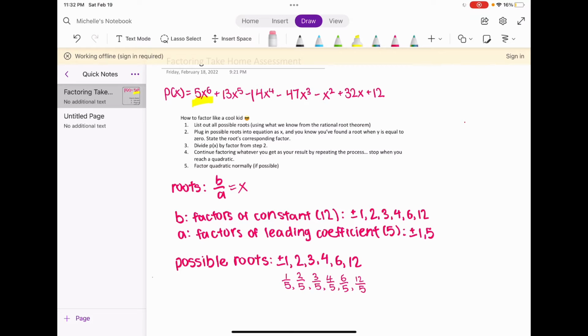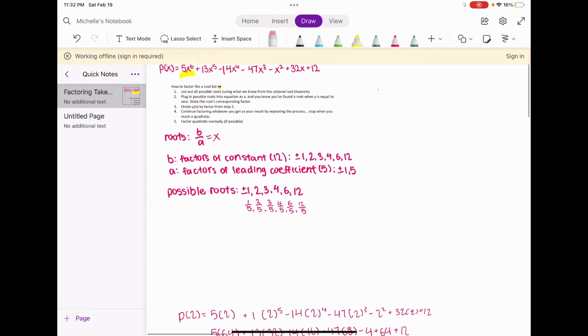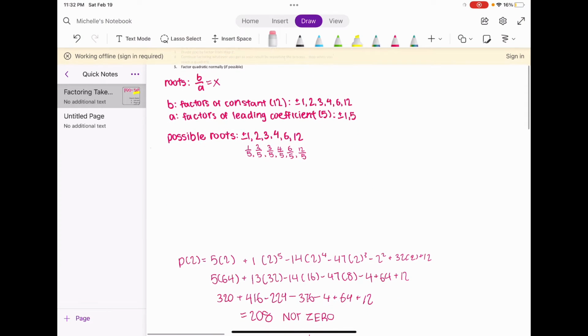Okay, moving on to step number 2. Plug in possible roots into the equation as x, and you know you've found the root when y is equal to 0. State the root's corresponding factor. So I'm going to plug in 2 for x because I like the number 2. When I plug in 2 for x, I end up getting p of x is equal to 208, which is not 0.